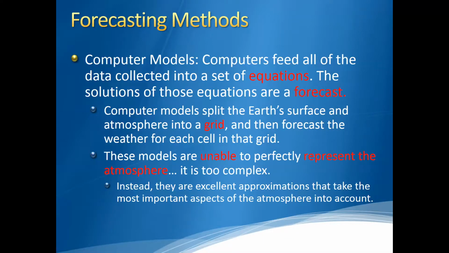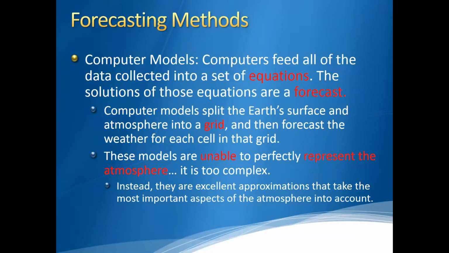And as a result, the forecast model does not perfectly represent the atmosphere that it's modeling. Unfortunately, the forecast model only gives us a basic representation. With that said, these representations are still pretty good.